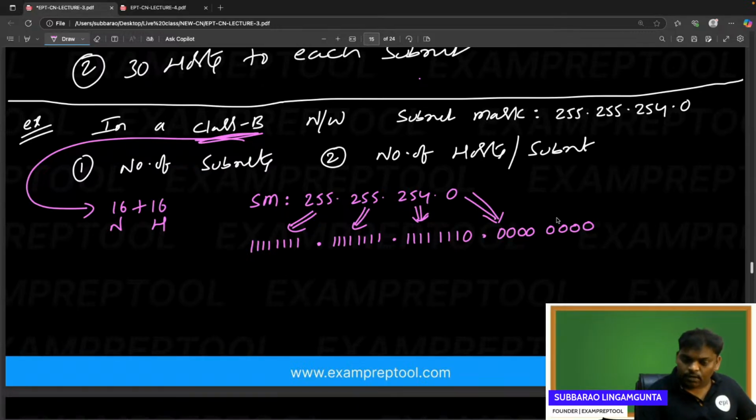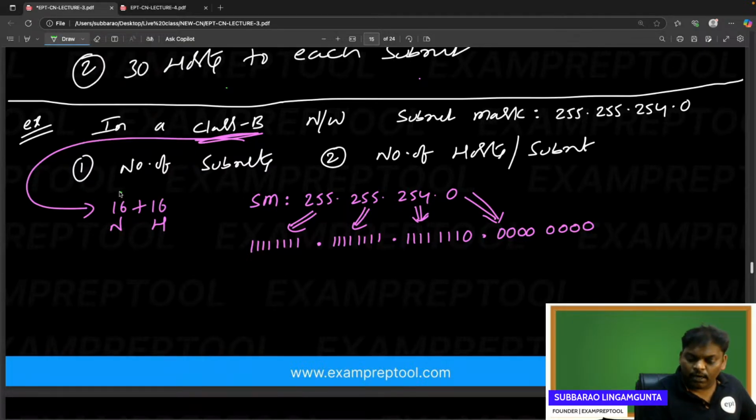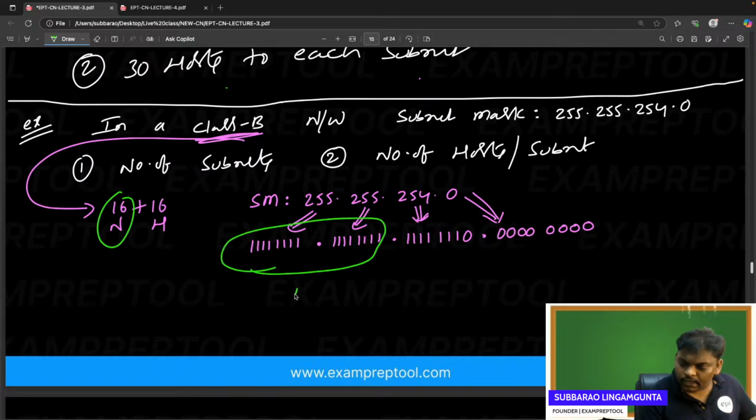Now listen everyone. If you observe clearly, network part purpose 16, 16 ones, that is the network. Remaining is host purpose. But you know what is the meaning of subnet mask? Network part also ones, next one, subnet part also ones, it is the subnet.